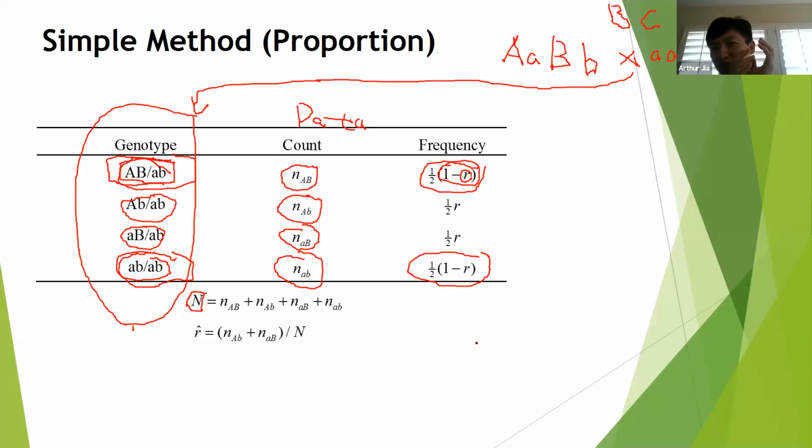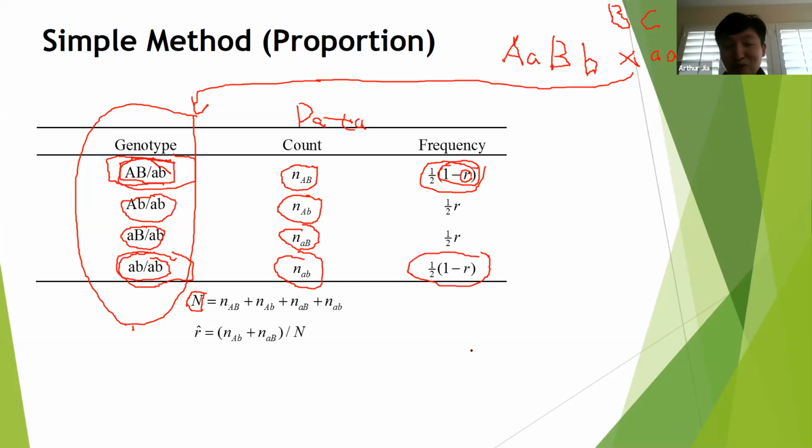One group represents the parental type and another group represents the non-parental type. Am I right? What's the fraction? R and 1 minus R. So you will have 1 minus R of that many parental type, and you're gonna have R proportion of the non-parental type. Is that clear?